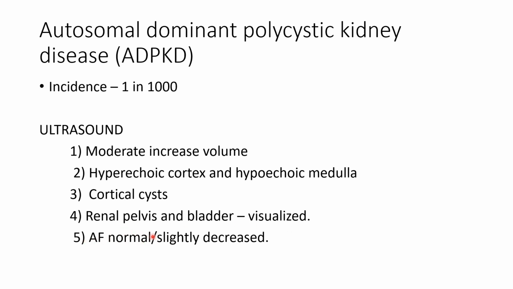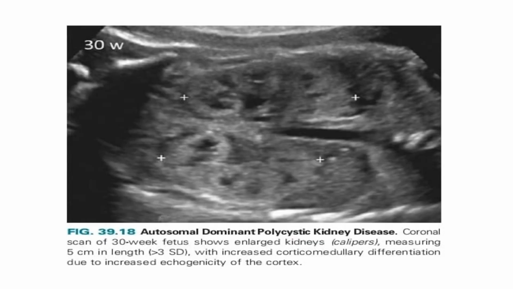Amniotic fluid will usually be normal or slightly decreased in this disease. This is the sonographic image on the coronal scan. We can see bilaterally enlarged kidneys with increased corticomedullary differentiation due to increased echogenicity of the cortex.